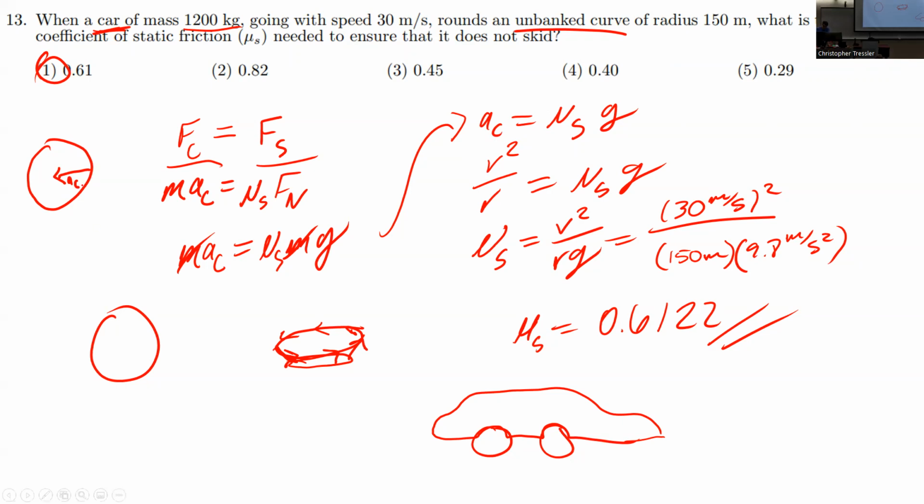So I guess realistically, if we're setting these equal to each other, this would be turning. So I think the static friction is the entire component of the centripetal acceleration. So I believe it would be pointing in the same direction. I could be wrong with that though. I would Google it to make sure. But I believe if you were setting this up as a force body diagram, it'd be the same thing.